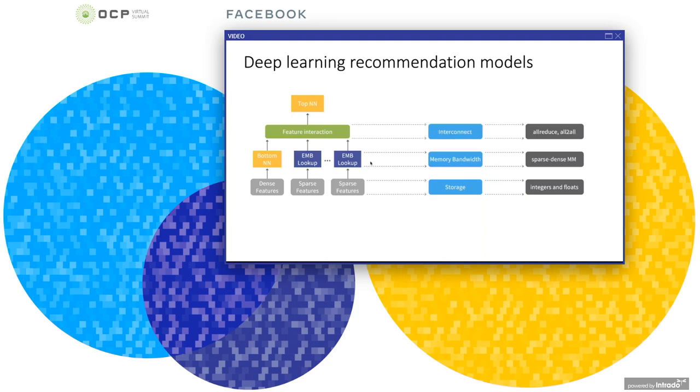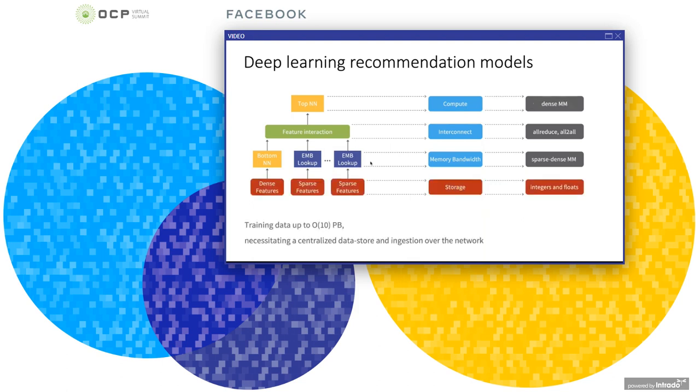On the other hand, if we are doing distributed training, and Divatsa is going to talk more about this in the coming slides, interconnect will be exercised by all-reduce and potentially all-to-all operations. And finally, top and bottom NN exercise compute and can be seen as dense matrix multiplications.